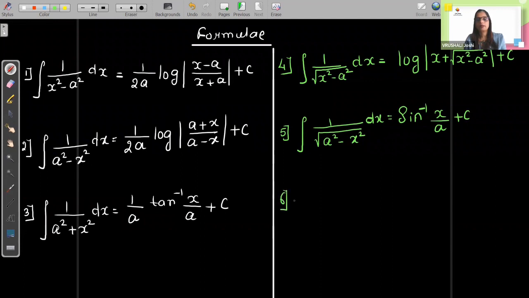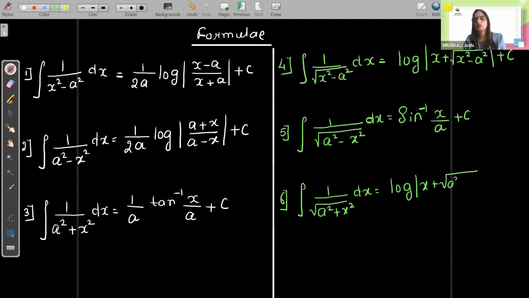And next we have 1 by root of a square plus x square dx, which is equal to log of modulus x plus root of a square plus x square plus c, करेक्ट.